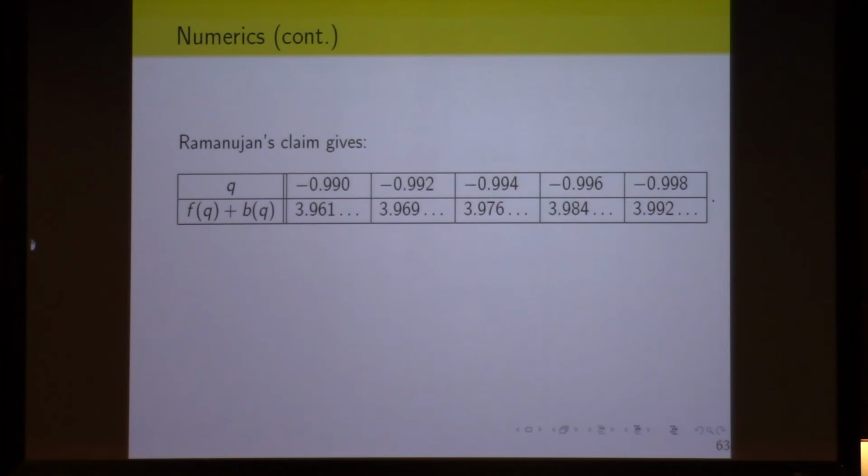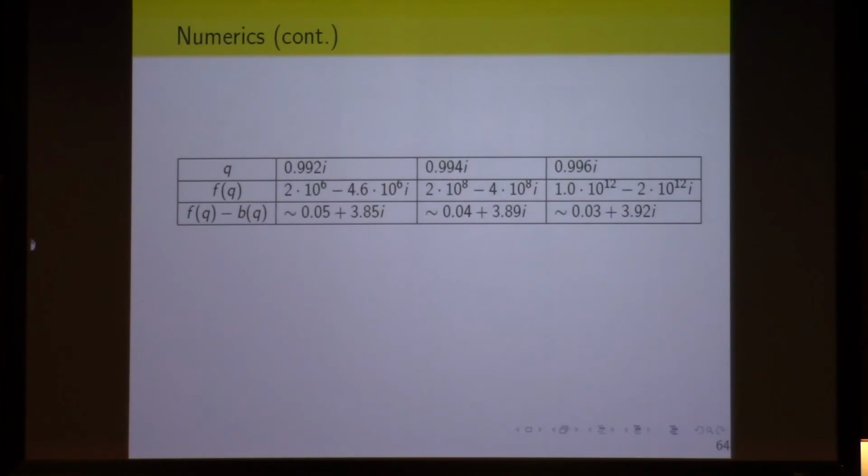And now we add the modular form b, and numerically we were observing what we should according to Ramanujan's claim. That sum appears to be bounded by the number 4. We looked at i, and this time the difference appeared to be bounded and radially approaching 4i.